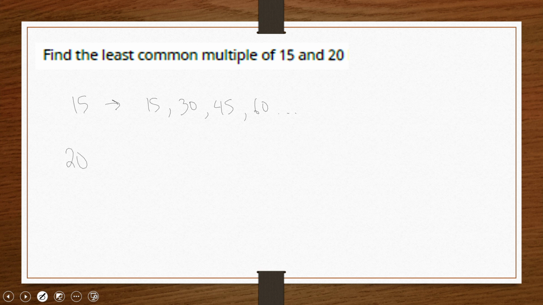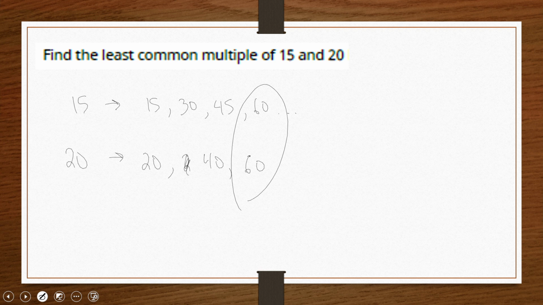Repeating again for 20, my multiples list would be 20 times 1, which is 20, 20 times 2, which is 40, 20 times 3, which is 60. So where do they have their first term in common? Well, it is at 60. So we could say that the least common multiple of these two values has got to be 60.